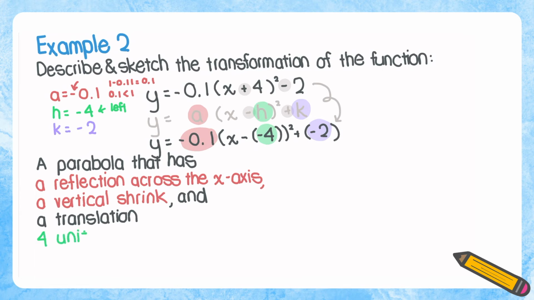So translation 4 units to the left. And then let's look at k. K is -2, so we're moving down 2 units. So 2 units downwards.